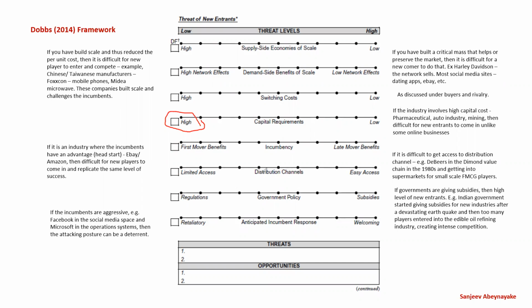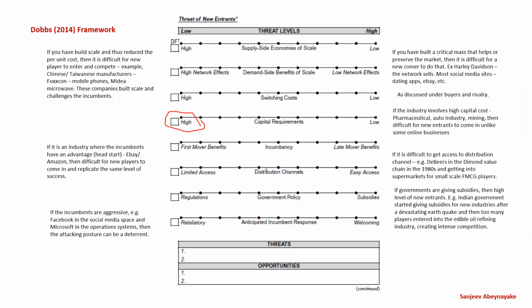Another good example is De Beers, one of the largest diamond mining companies in the world. Up until the 1980s, they were a monopoly. They basically controlled all the access channels to the diamond value chain. So in that kind of situation, new players found it very difficult to enter as well.